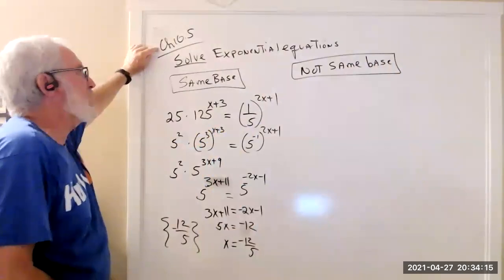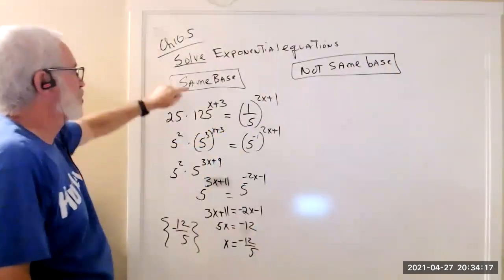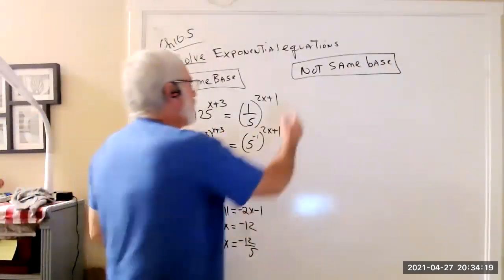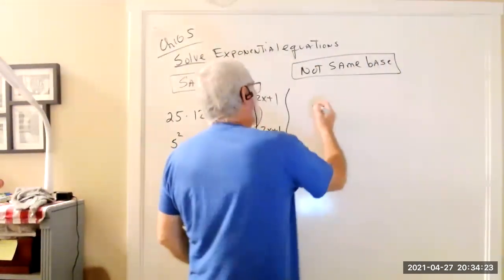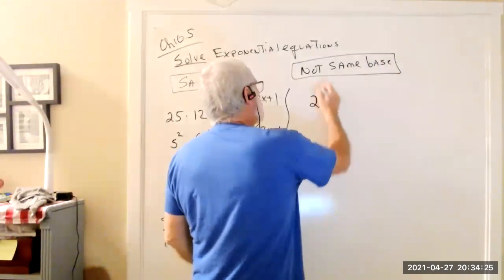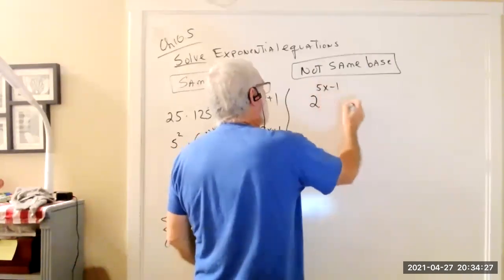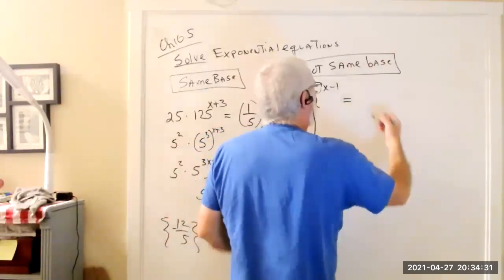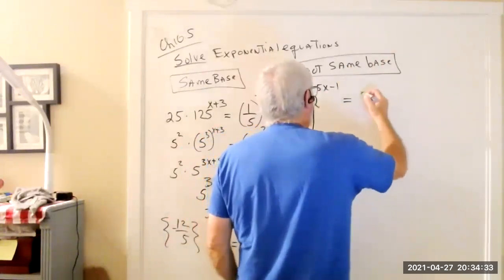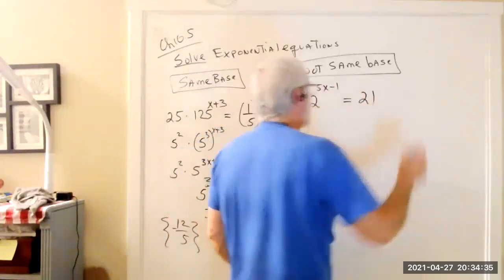What happens if the exponential equation is not the same base? Well, what would that look like? I'll give you a simple one. 2 to the 5x minus 1 equals, I don't know, 20. 21. There we go. That'll work.